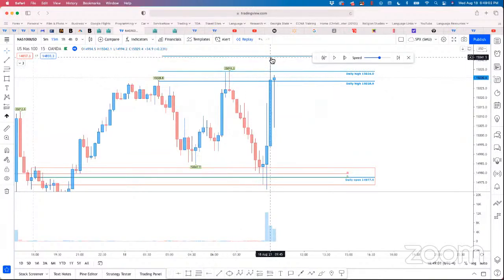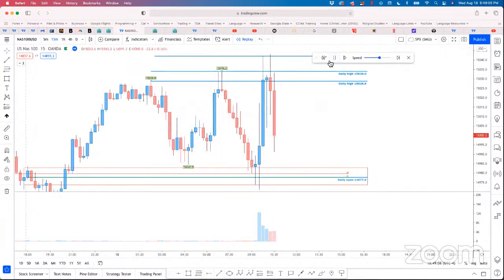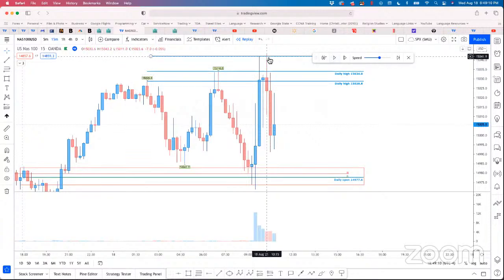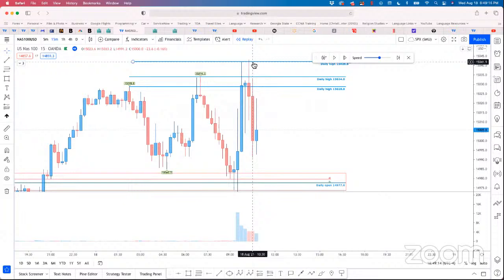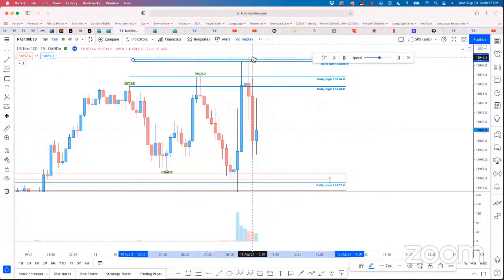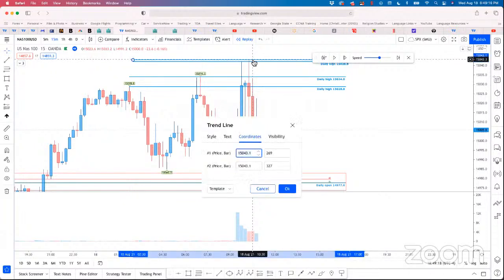Now, New York opens, and this is what we had. We had the new high. We tried to break it again. Instead of breaking it, we just made another little high. High on this candle, 43.2.